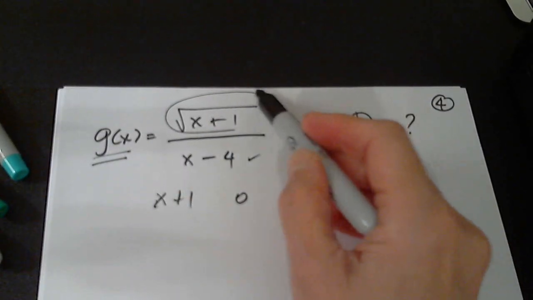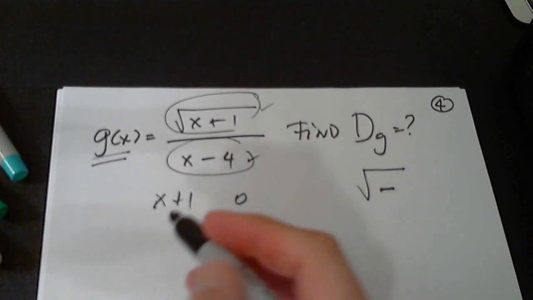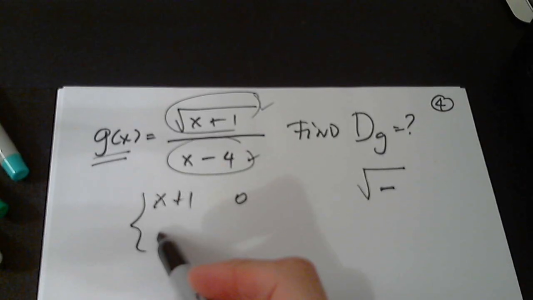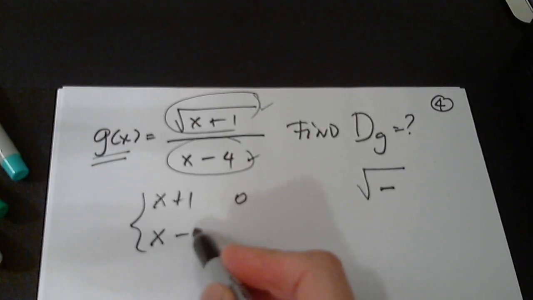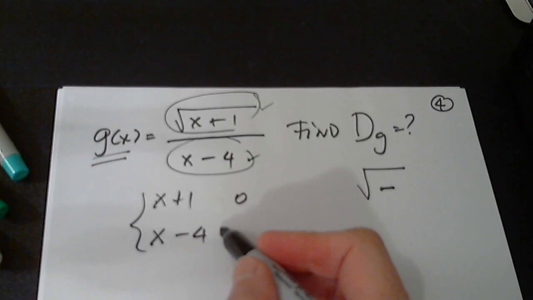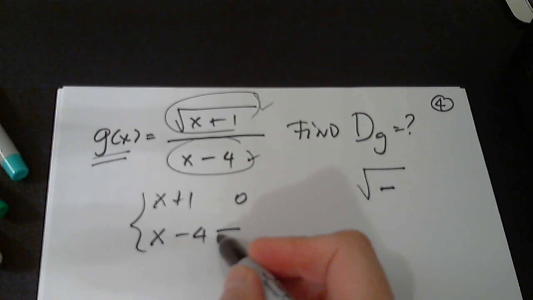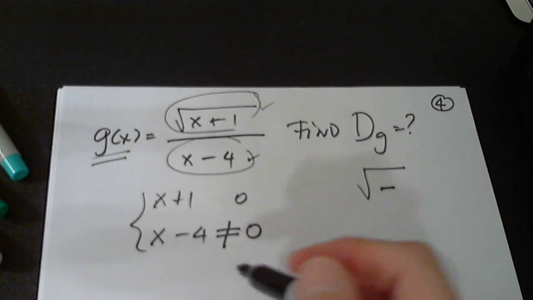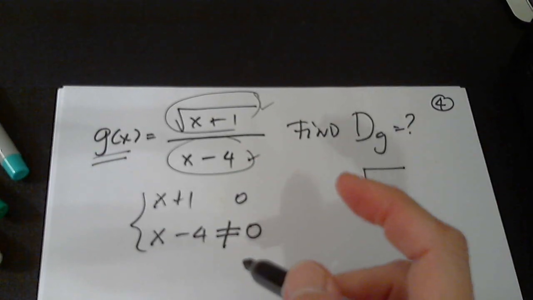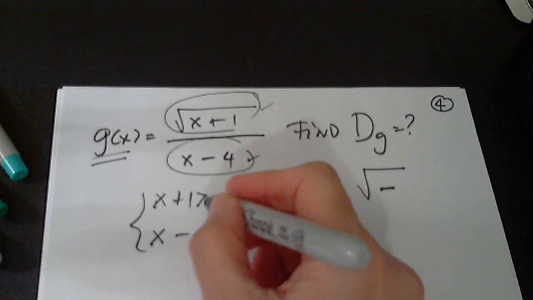The denominator x minus 4 cannot be 0. So it can't be 4. Indeed. So this has to be not equal to 0.